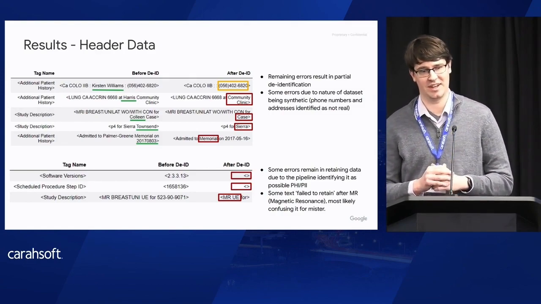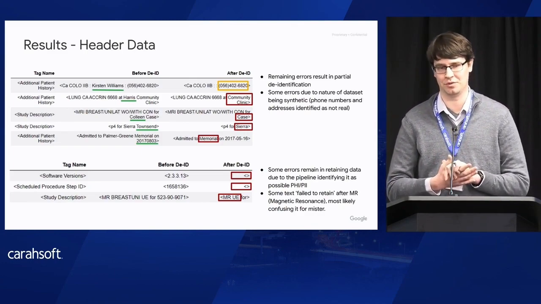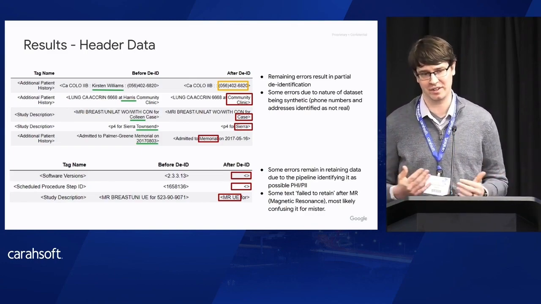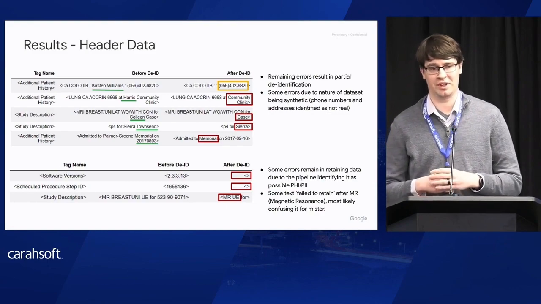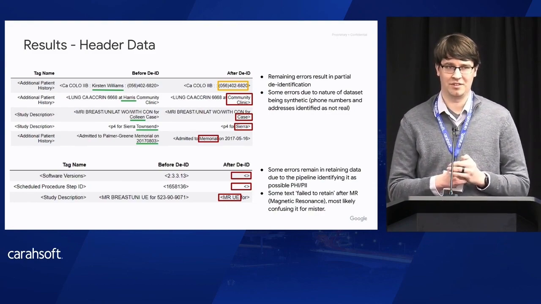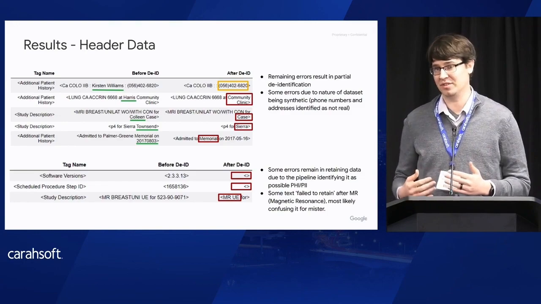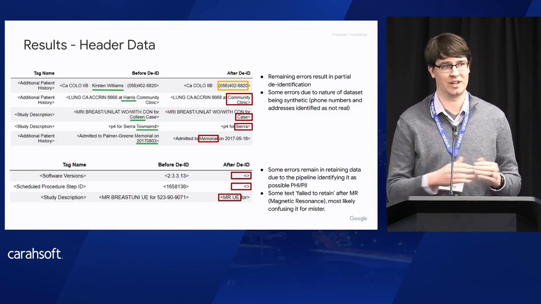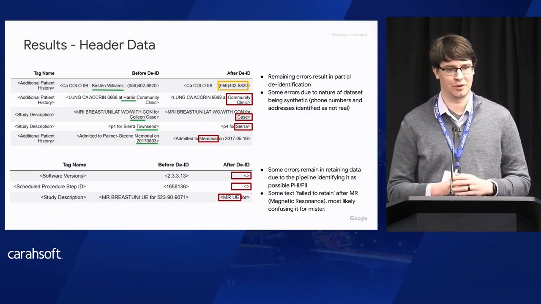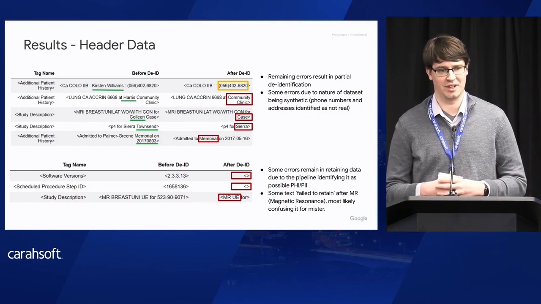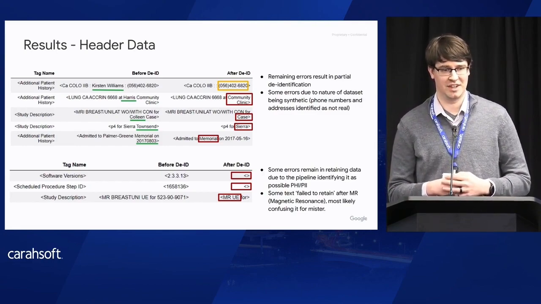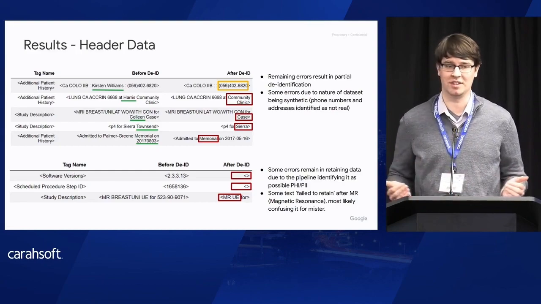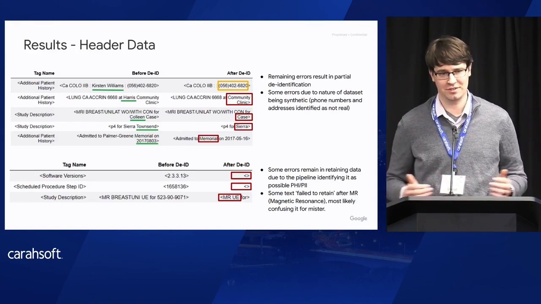One other thing is that some of our errors were also due to the nature of the data set being fully synthetic. The synthetic data set contained addresses or phone numbers that were already impossible. For instance, in this case, that number at the very top is an area code that does not exist in the United States or even anywhere.